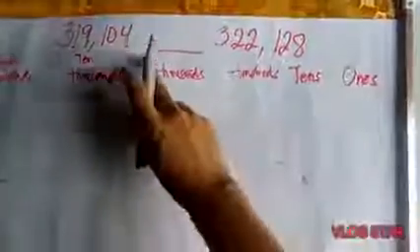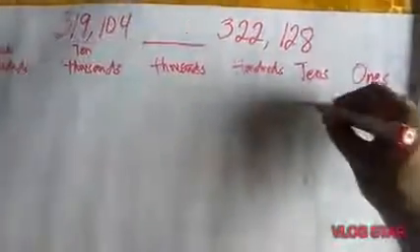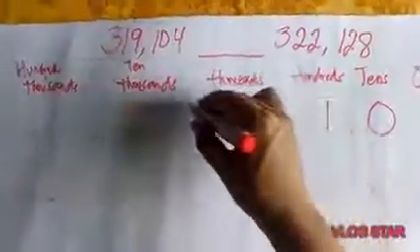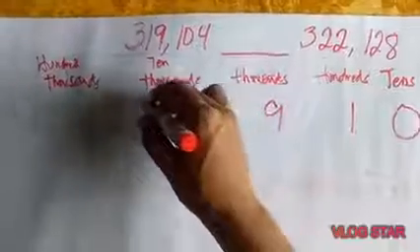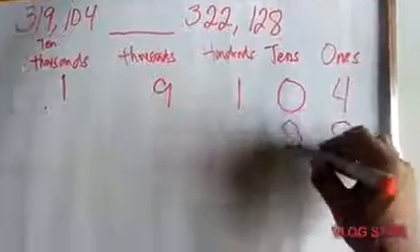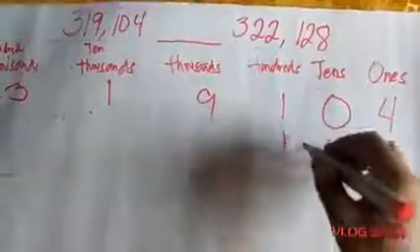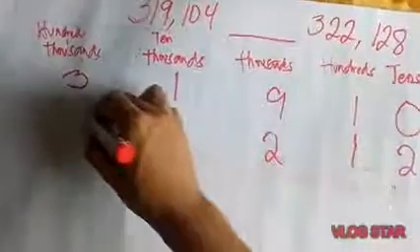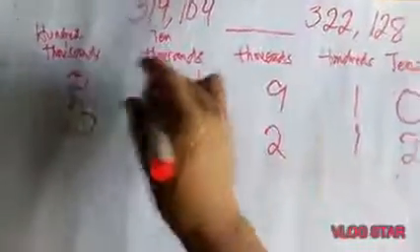So, ones digit of this number is 4, next is 0, 1, 9, 1, and 3. Next is the other number, 8, 2, 1, 2, 2, and 3.